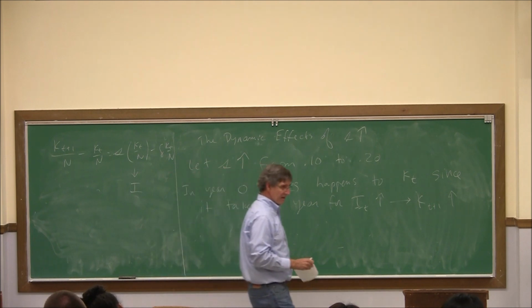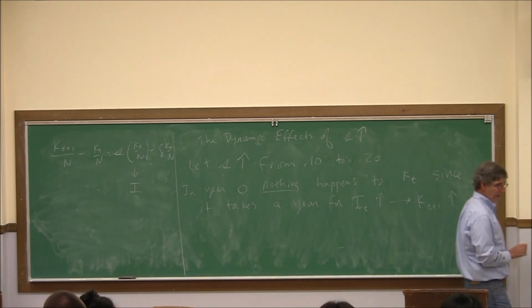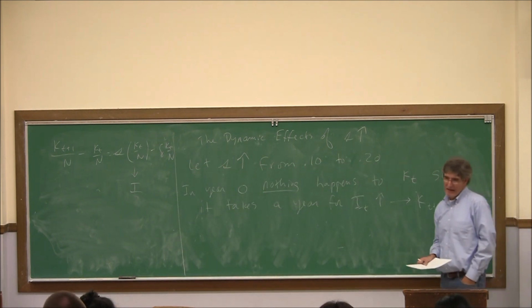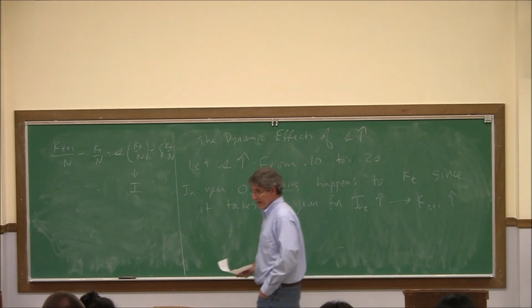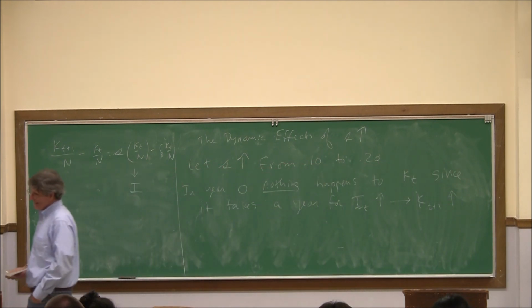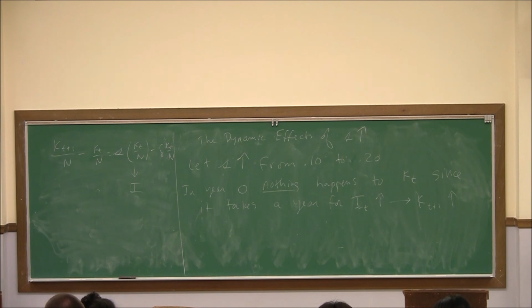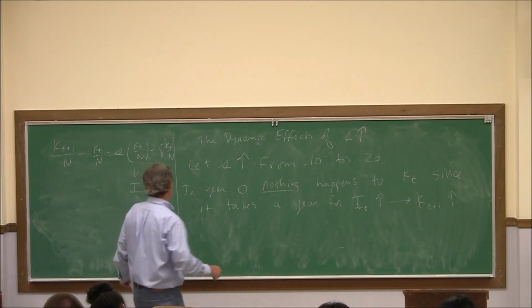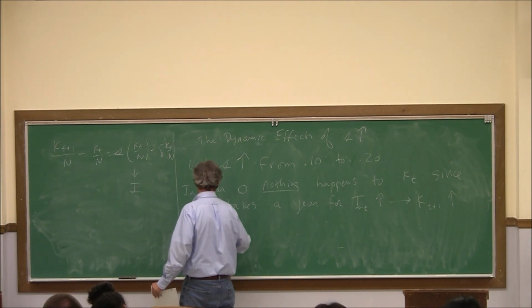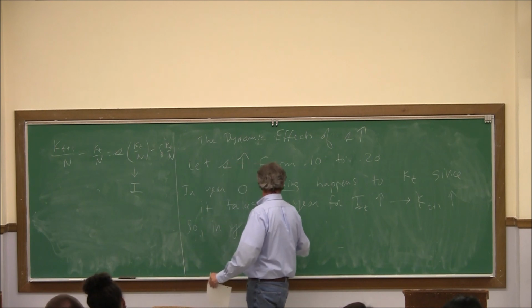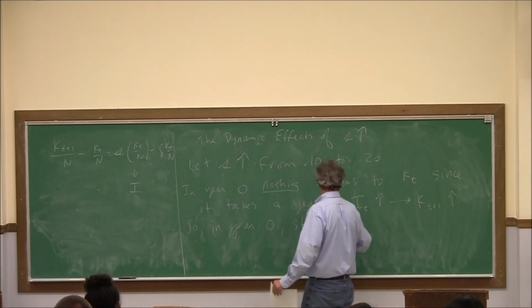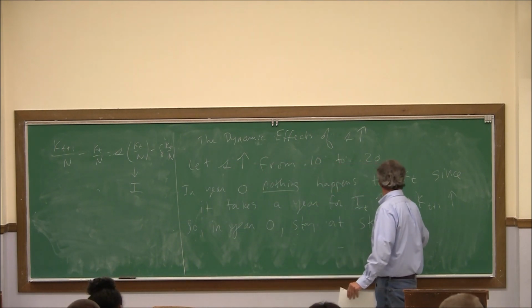But in that initial year, you just build it. It's investment the first year, it comes active the second year. It's not capital yet. It's I. It'll be capital tomorrow after it's built. So in year zero, we'll stay at the steady state. Nothing happens to k over n.